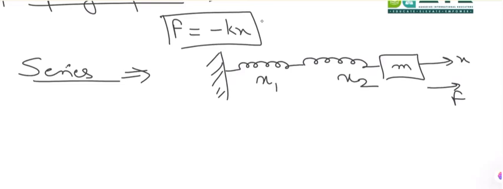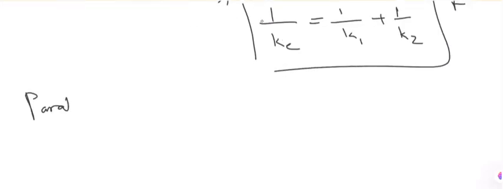The formula for this combination is 1/Ke = 1/K1 + 1/K2. This is for series connection. Understood?